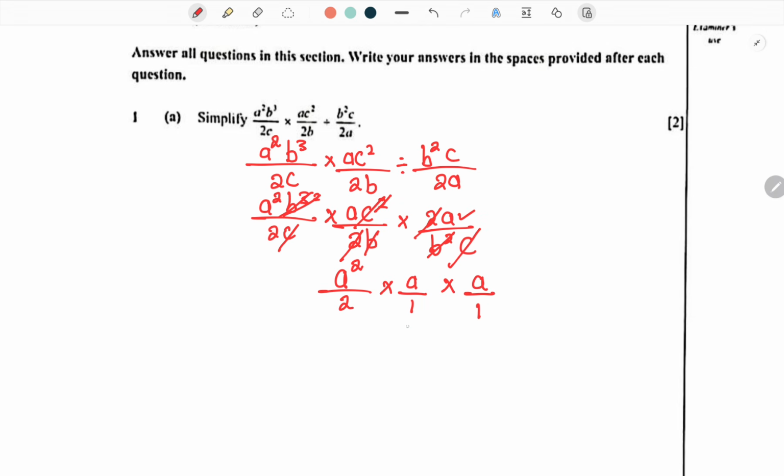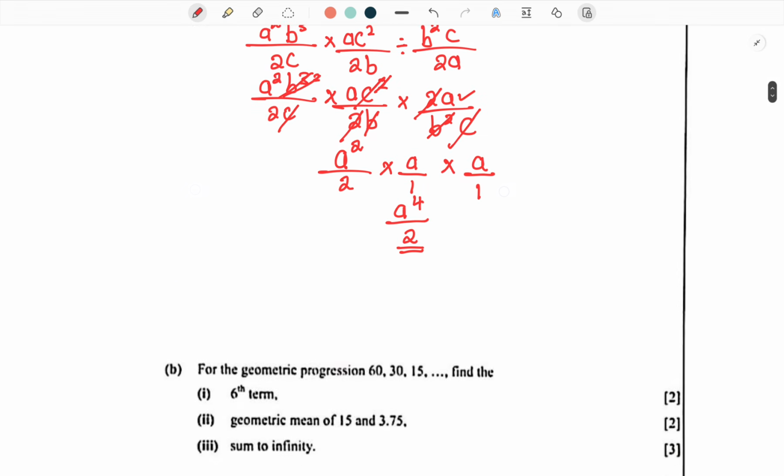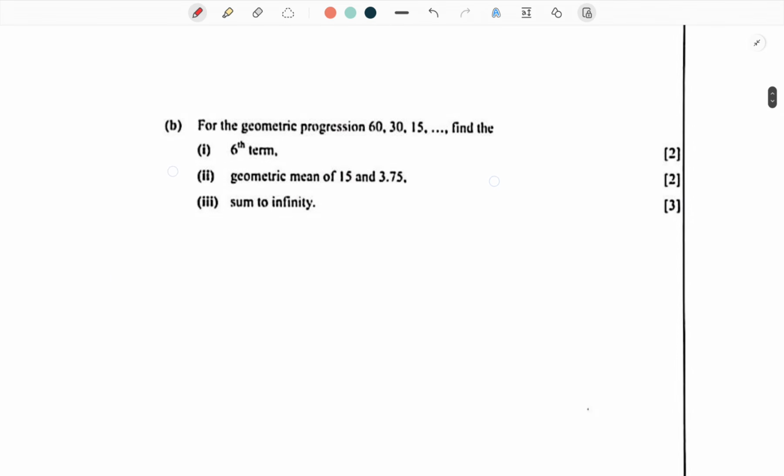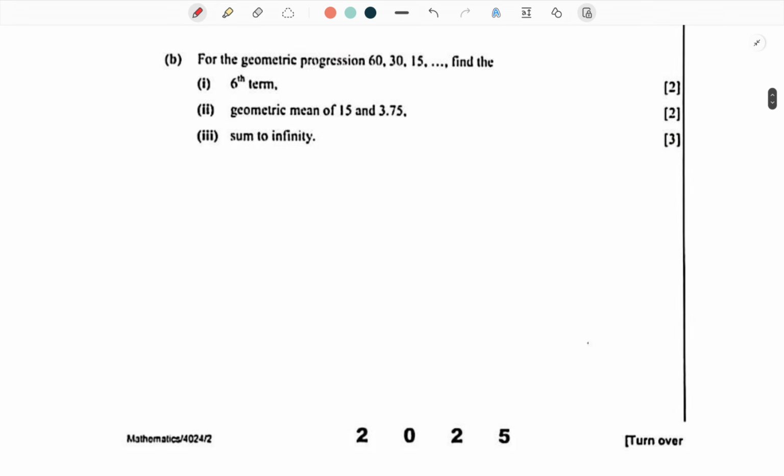So when you multiply everything, you are going to get a to the power 4 all over 2. And then this becomes your answer for this particular question. So basically, that is just how you simplify that particular question. It's actually very simple.